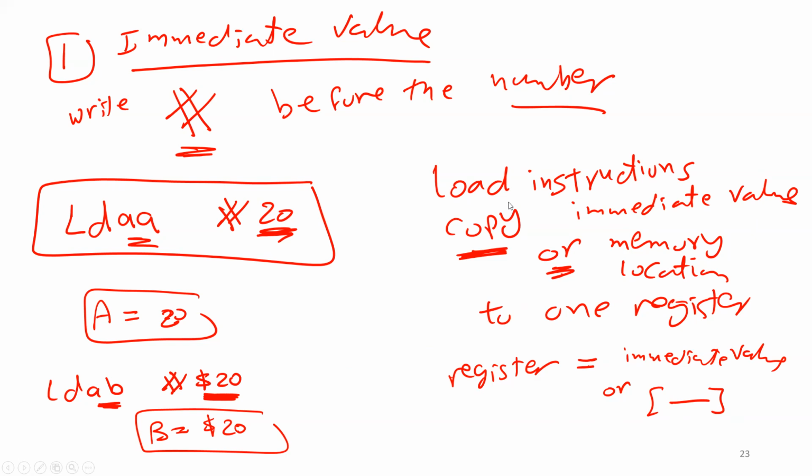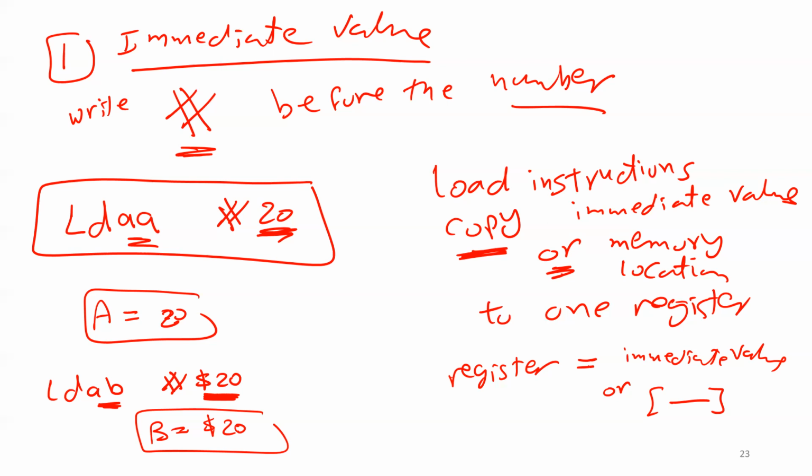That's when you have to use load. Anyway, I'm going to teach the instruction later in detail, but I need it for now to explain how you can express operands.